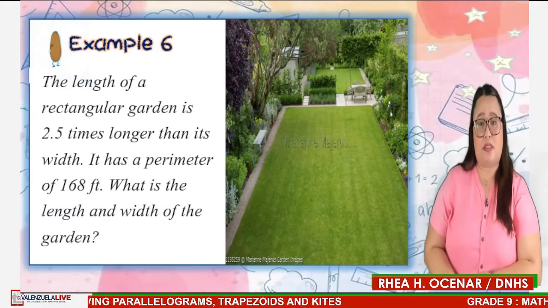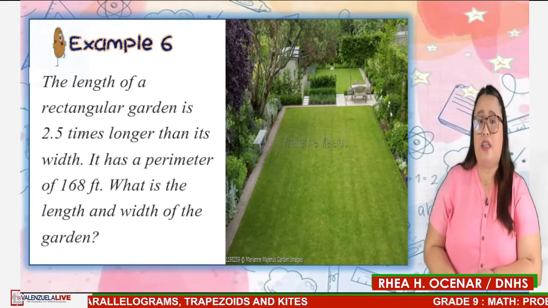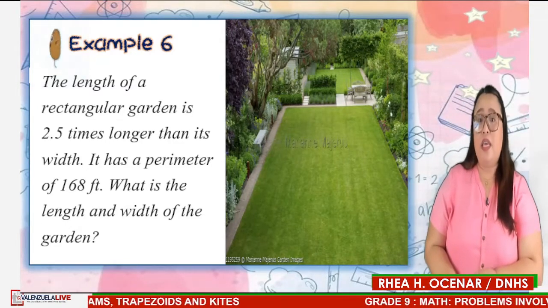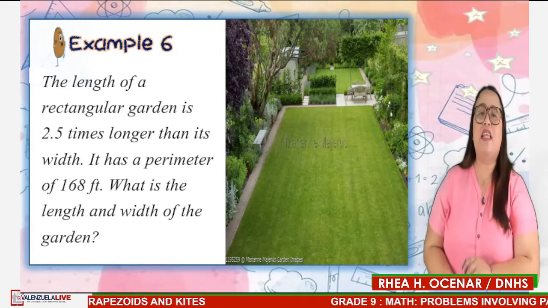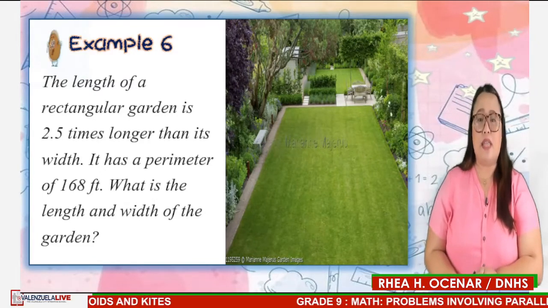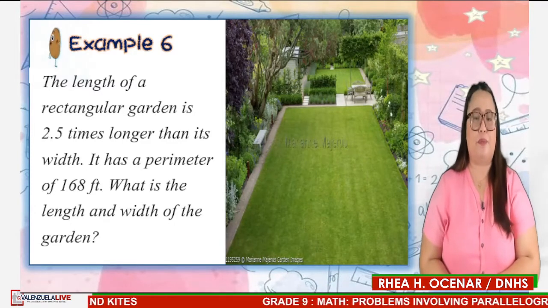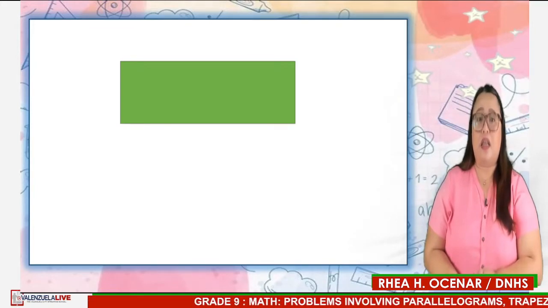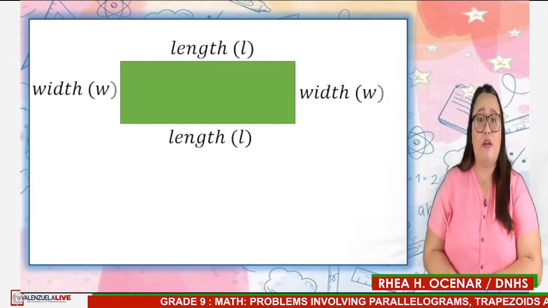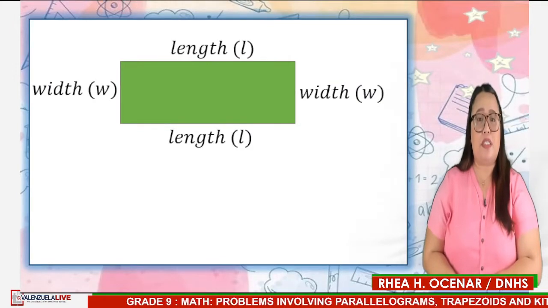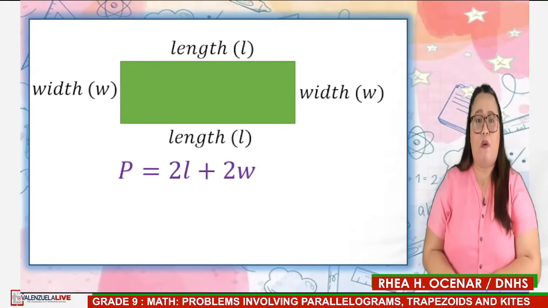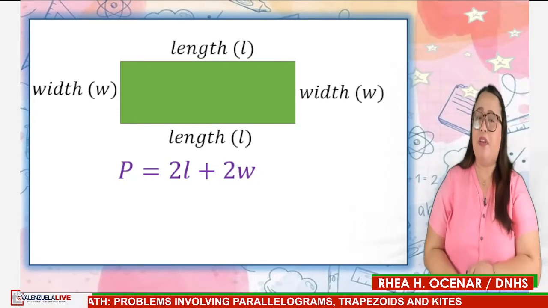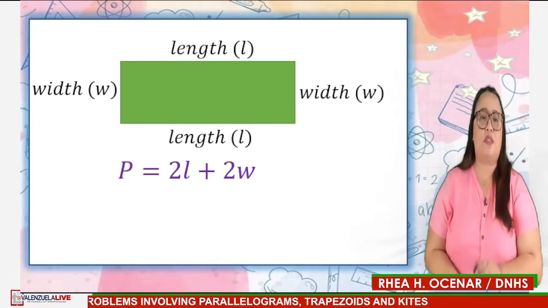Example number 6. A rectangular garden is 2.5 times longer than its width. It has a perimeter of 168 feet. What is the length and width of the garden? One of the characteristics of a rectangle is that opposite sides are congruent. The perimeter is the sum of the measures of all sides. If we get the perimeter of a rectangle, we have perimeter is equal to 2L plus 2W.